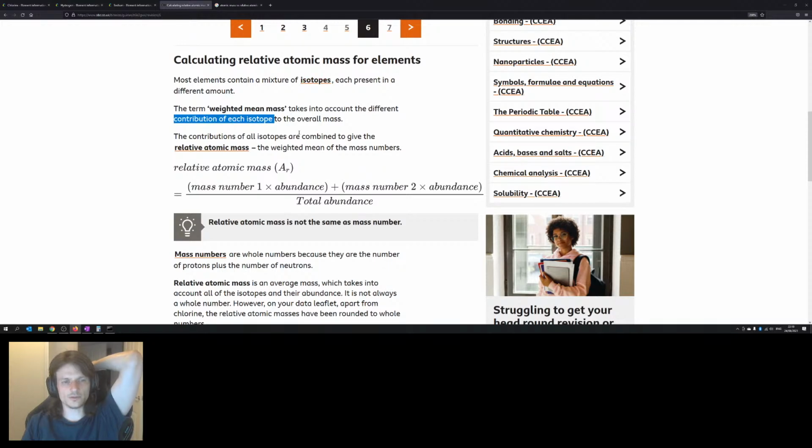The contributions of all isotopes are combined to give the relative atomic mass minus the weighted mean of the mass numbers. Abundance.